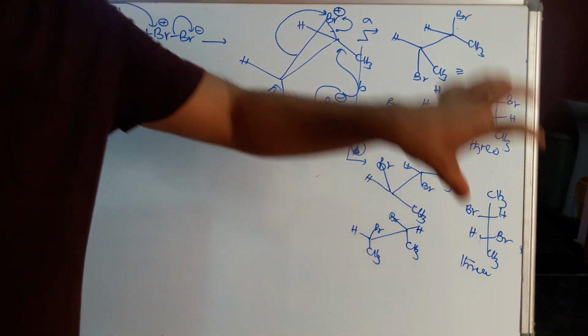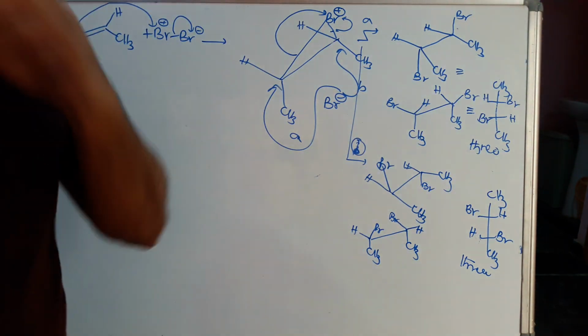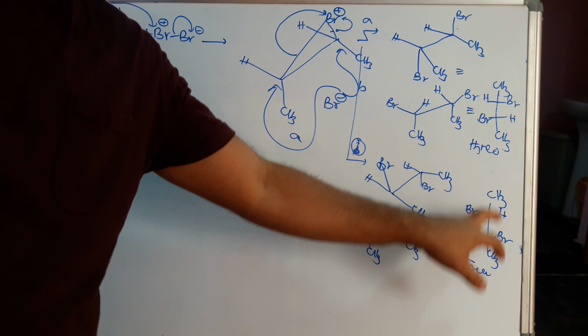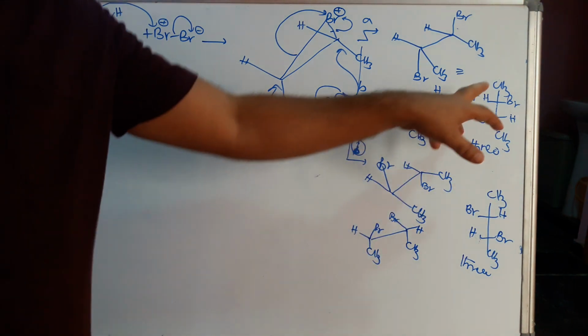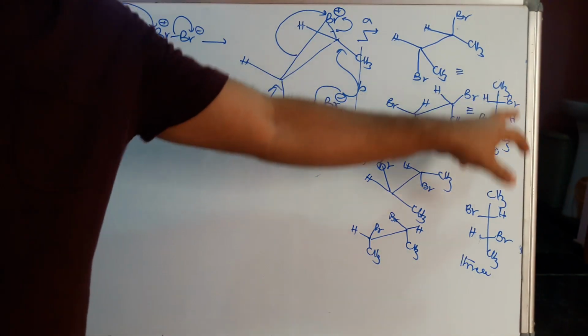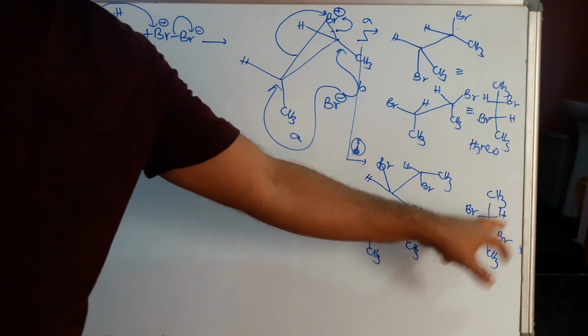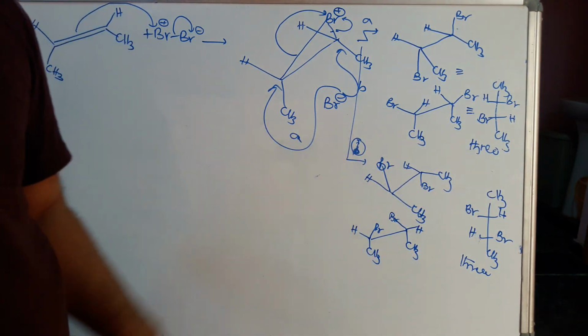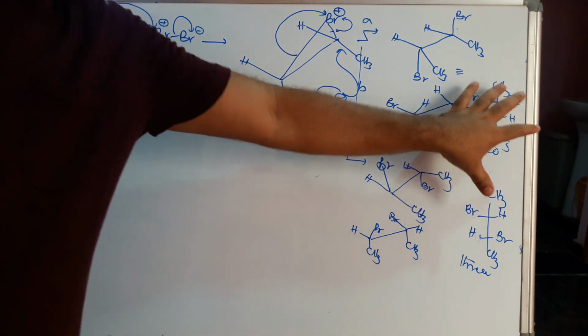Take the second one and place it on the first one, then it will not be superimposable. CH3, CH3 will be superimposable, but H and bromine, bromine and H will not be superimposable. That's why these two are enantiomers.